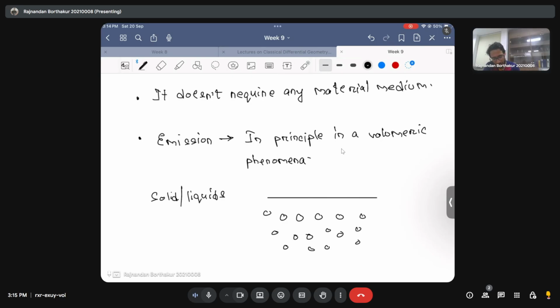The emission from these interior molecules inside a solid or a liquid is generally absorbed by the other molecules. Which means that the only emission that will actually matter is the emission from the surfaces.